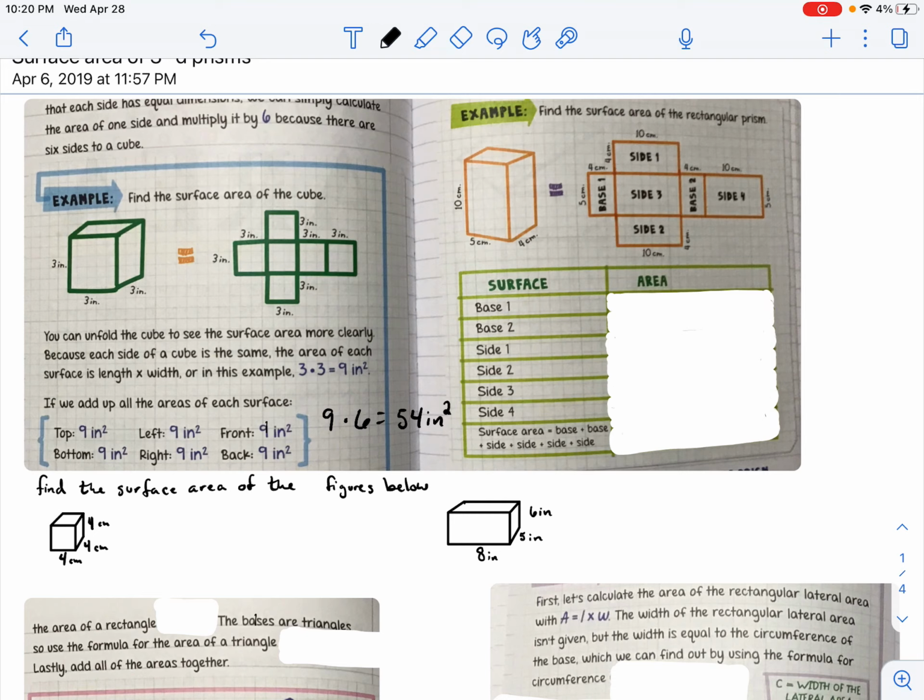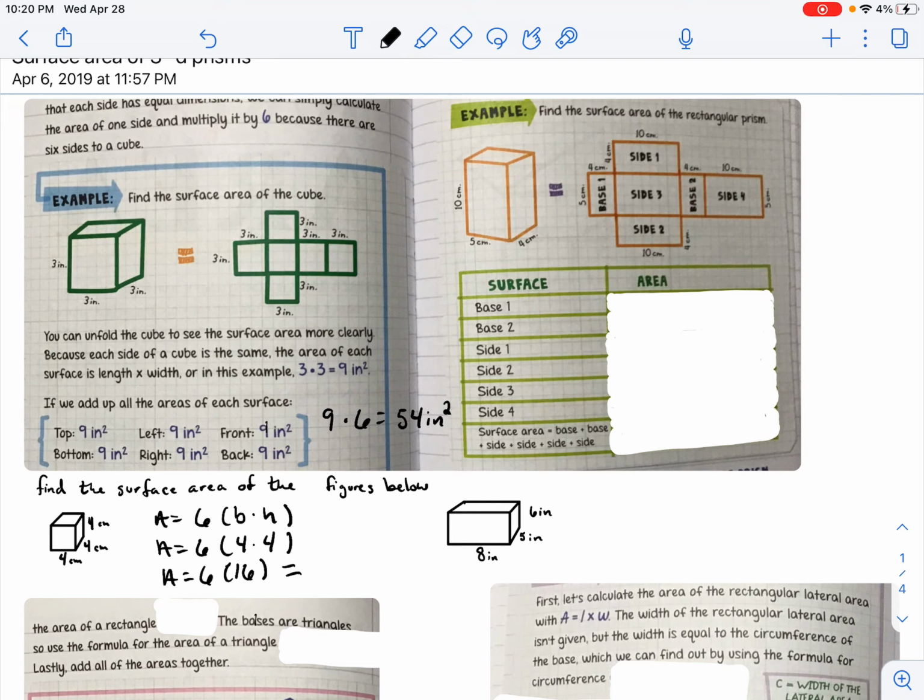It's a 4 by 4 by 4 cube. So all we have to do is say, well, area equals 6 times base times height. Area equals 6 times 4 times 4. So that's just 6 times 16.